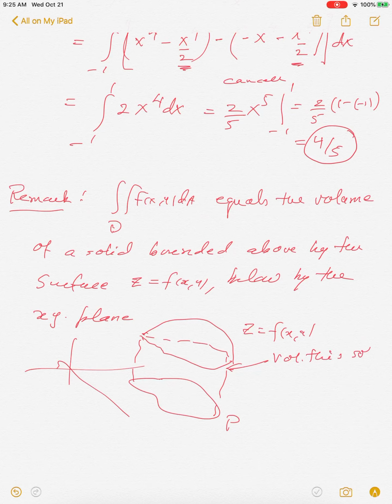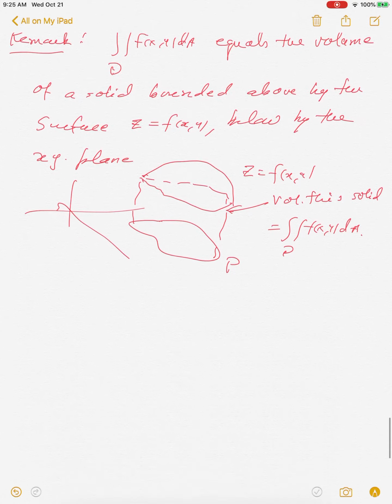The volume of this solid is actually the double integral of f(x, y). That's the geometric interpretation of this.